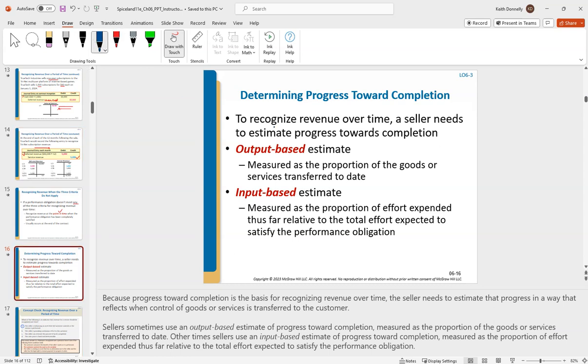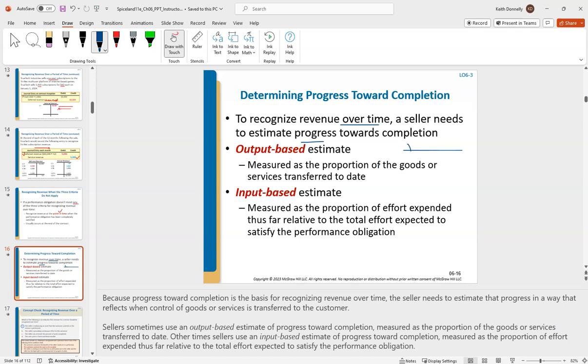And then they say here, okay, to recognize revenue over time, a seller needs to estimate progress towards completion, right? It's pretty easy whenever it's like 12 months and 1 month has passed, but it's not always that kind of fixed set time. It might be something like we're working on a long-term project. We need to look at what percentage we're done in comparison to the total amount we think it's going to take.